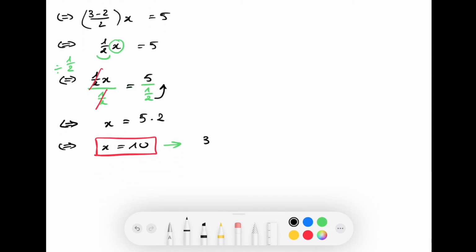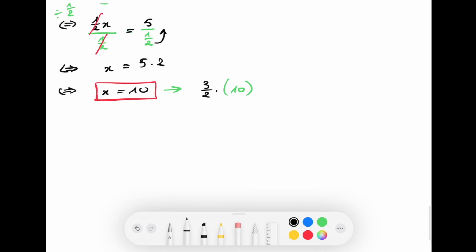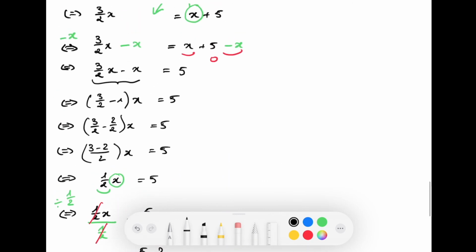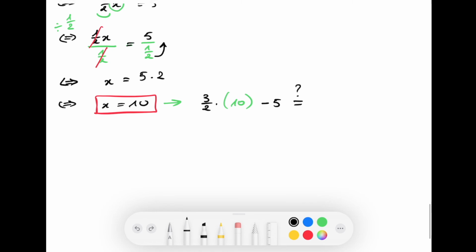So we get 3/2 times 10, minus 5, and this should be equal to, if we didn't make any mistakes, x, and we know that x is equal to 10. So is this equal to 10? Let's see if it is.